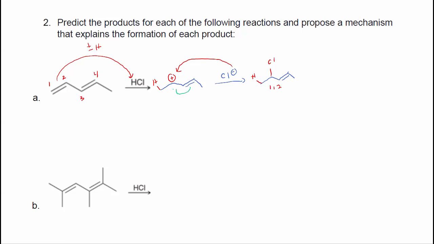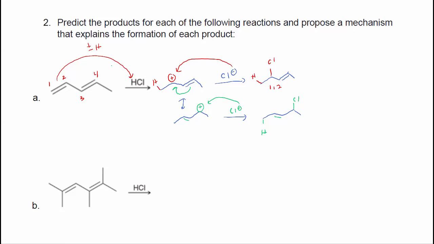We can also form a resonance structure, so that our carbocation is there. And then our chlorine can add to that position. So that would be one version of products that we can get there.